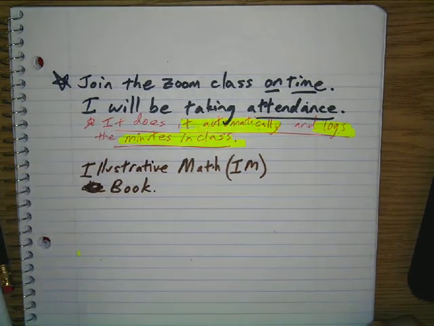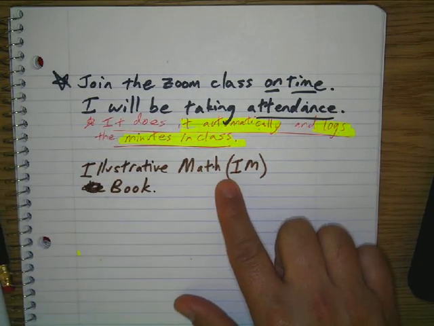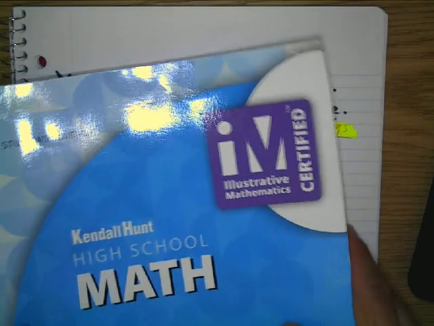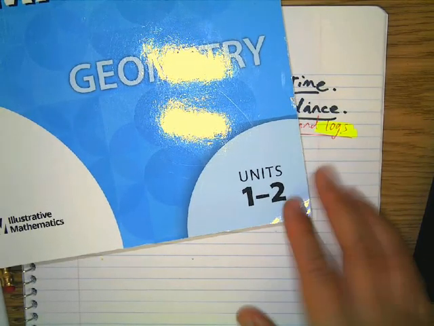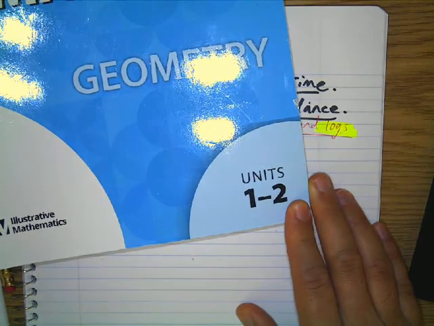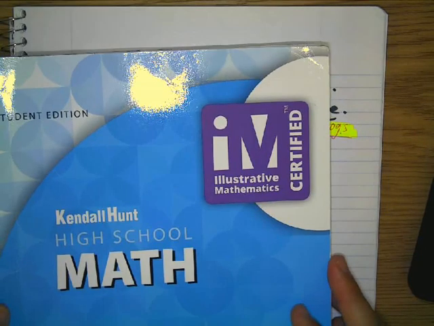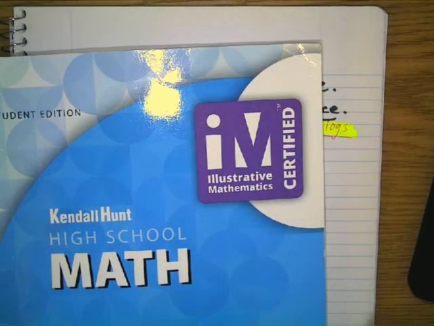One last thing. You should be getting a hard copy of the Illustrative Math textbook, and it does a few units at a time, so this is for the first 2 units, and then you'll get a new book. I don't know if you get them all at the same time.